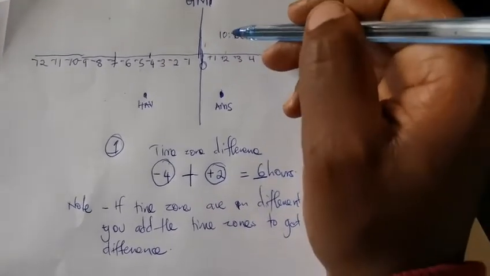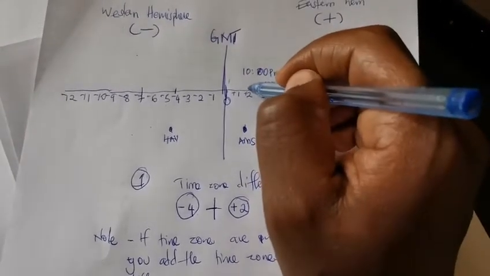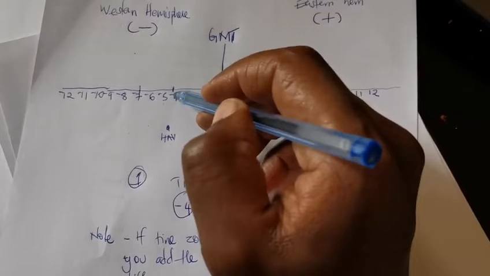So if it's 10 p.m. in Amsterdam, we shall go backwards to find the time in Havana.